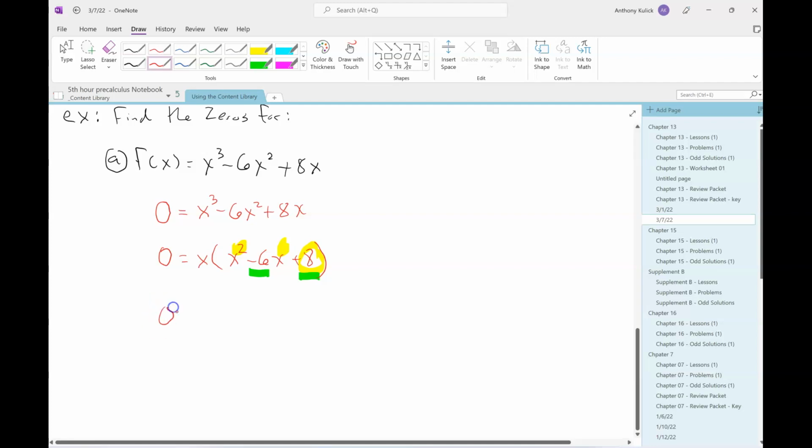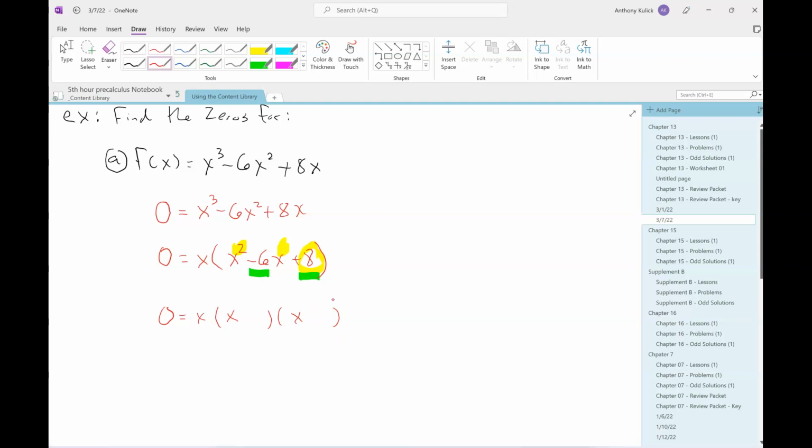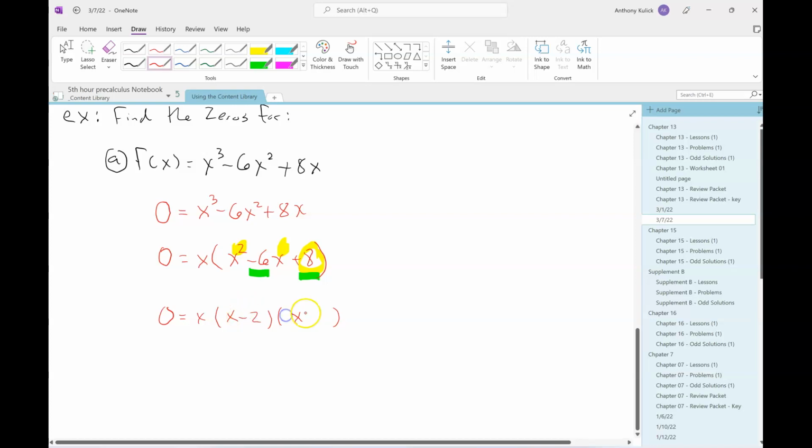Anyone can tell us those 2 numbers? Multiply to give us +8, and add to give us -6. -4 and -2. And since that leading coefficient is 1, I can go straight to the factored form.